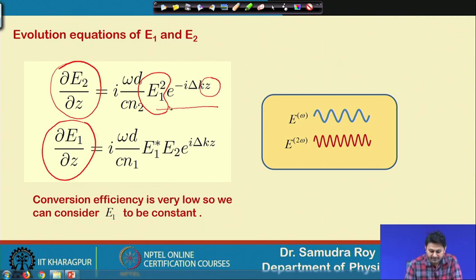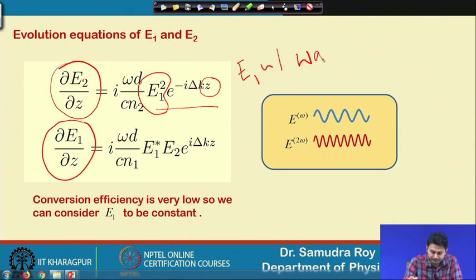But if the efficiency is very low, that means if I launch a fundamental wave of the order of, say, 1 watt, E1 is of the order of 1 watt.